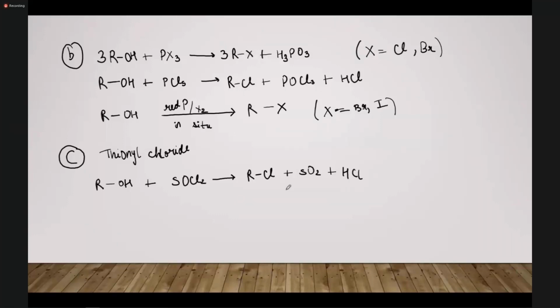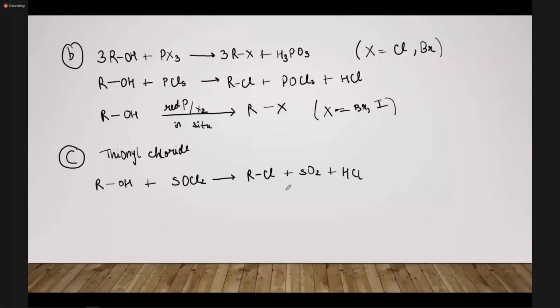Because of the electronegativity difference, oxygen being highly electronegative compared to carbon, the partial charges are very strong, and that develops a partial double bond character. And as you know, double bonds are stronger than a single bond. So that CO bond is very much stronger, and these methods do not apply to the aryl halides.